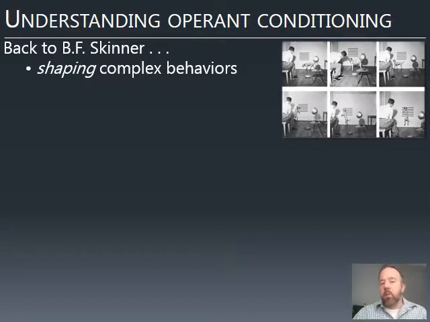Once it was entering the room and going to that location, he would then only reward the dog for jumping of any sort. And then after a while, he would only reward the dog for jumping on its hind legs. So as each simpler step of the behavior was learned, the reinforcement was applied only to those more complex steps.